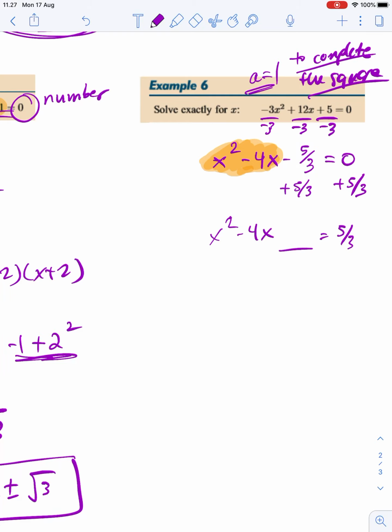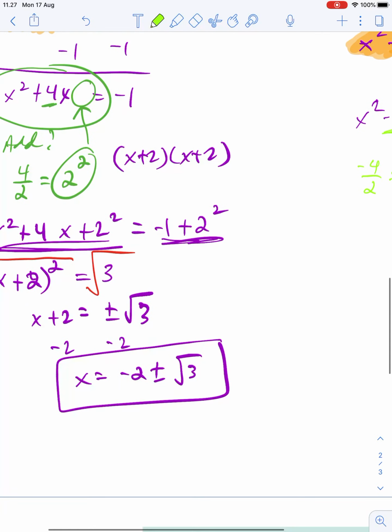So again, this procedure works, or you can just think about it in your head. What number would I add here to give me a perfect square? Well, always take the middle term, the b term, divide it by 2, negative 2, and then square it. So that would be 4. So if I add 4 to both sides, it's the same as our last one here.